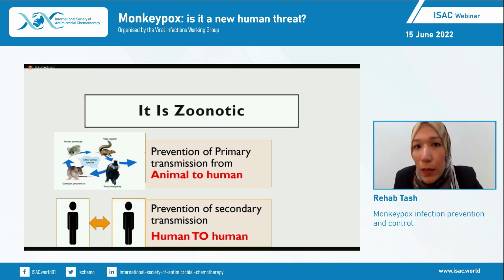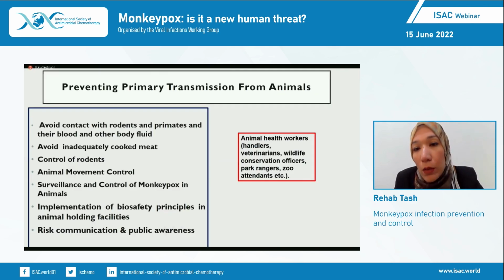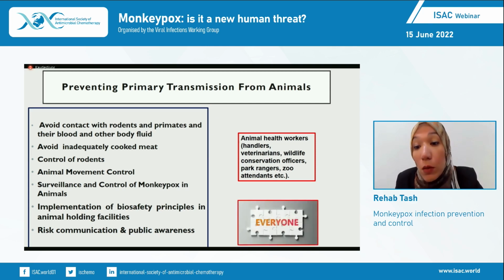Back to basics, it's a zoonotic disease, so prevent the transmission from animal to animal and take measures to prevent transmission from human to human. In fact, it is not only animal workers, veterinarians, and zoo attendants who are responsible for preventing primary transmission. It's the role of everyone to avoid contact with rodents and primates and to avoid inadequately cooked meat.